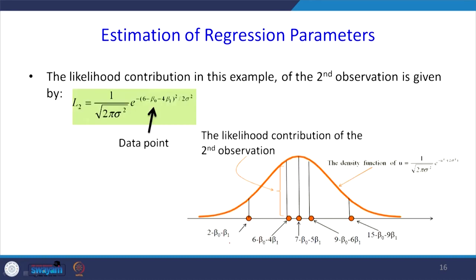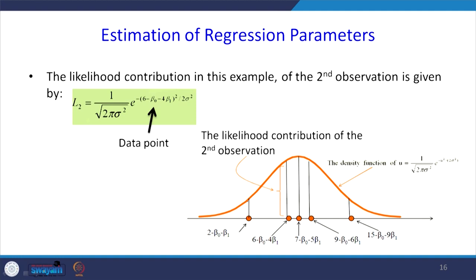When you look at the first data point, the y value is 2 and the x value is 1, so it becomes 2 minus beta 0 minus beta 1. For the second data point, the y value is 6 and the x value is 4, so 6 minus beta 0 minus 4 beta 1, and so on.